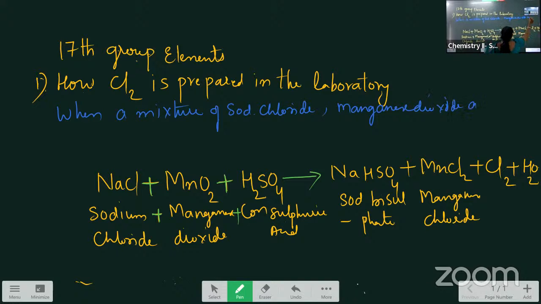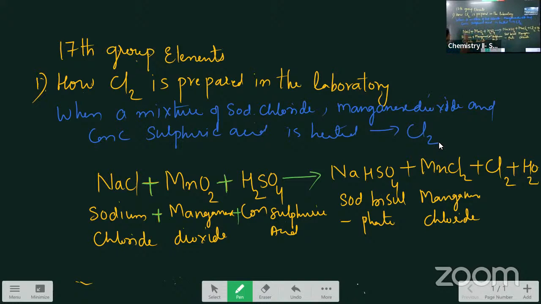So when you are heating a mixture of sodium chloride, manganese dioxide and concentrated sulfuric acid, what you are going to get is Cl2.